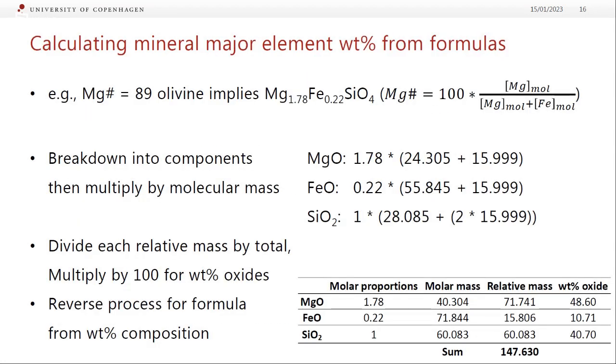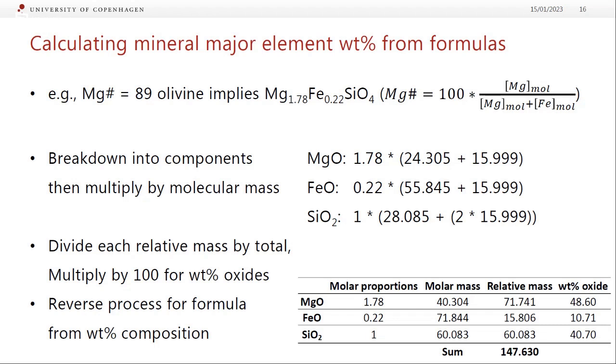I've just got a quick note here on calculating mineral major element weight percent from formulas, but I recommend you go back to the practical that we did or even the original lectures to get a better overview of this. This is the fairly simple example from olivine, and if we have a magnesium number or some sort of mineral formula, then we can calculate the weight percent oxides from it.